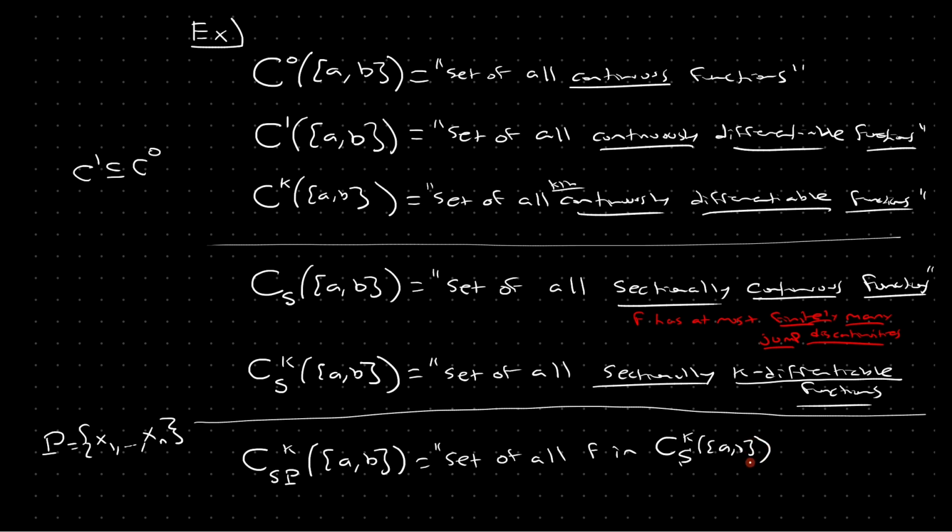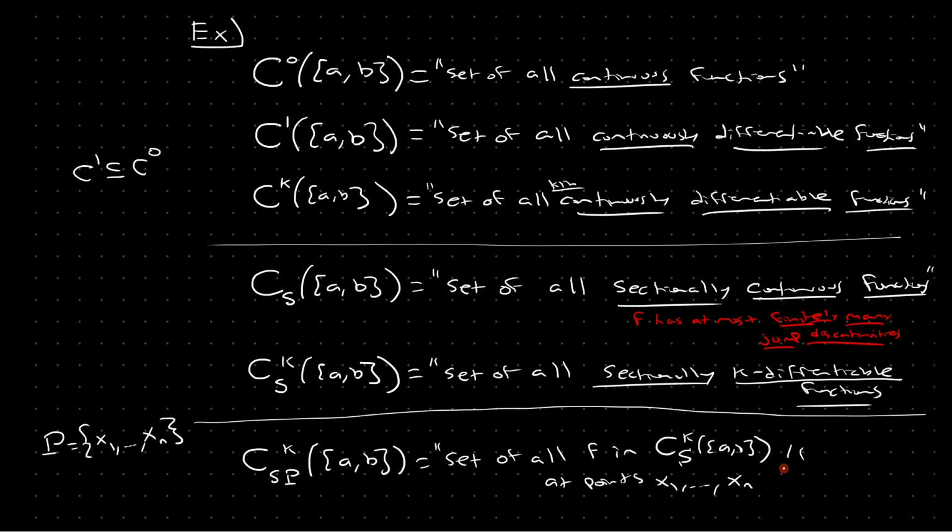So functions whose k-th derivative has at most finitely many jump discontinuities, but specifically at the points x1 to xn.